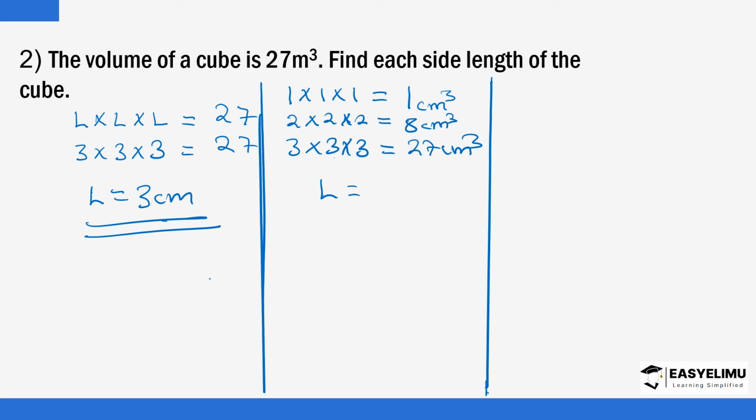So we assume that the length must have been 3 centimeters. Three centimeters was actually the length of this cube, whose volume is given as 27 cubic centimeters.